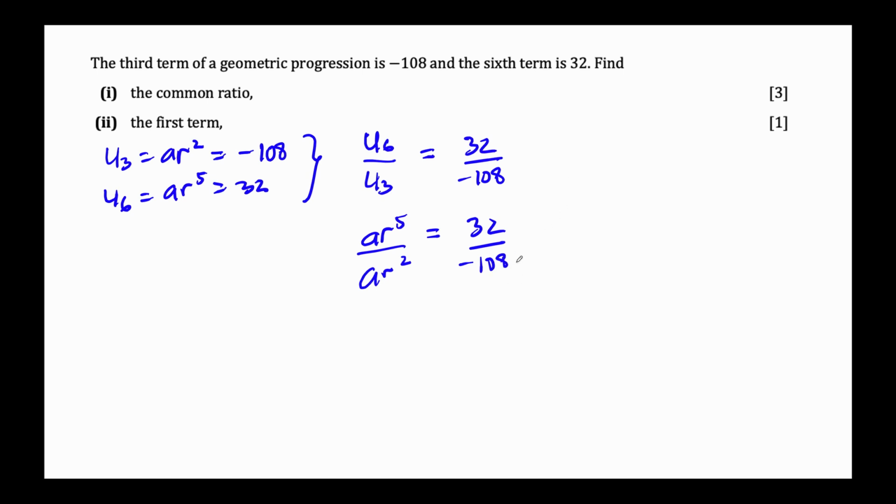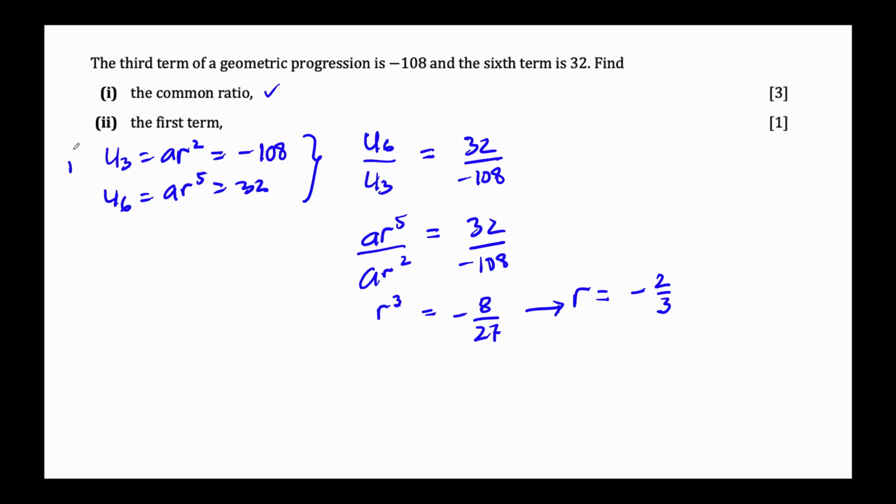This will give r to the power of 3 equals negative 8 over 27. So this will give us r equals negative 2 over 3.